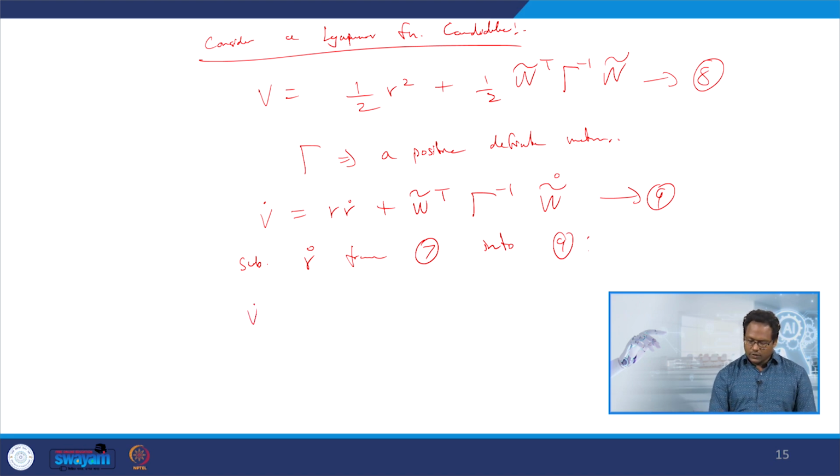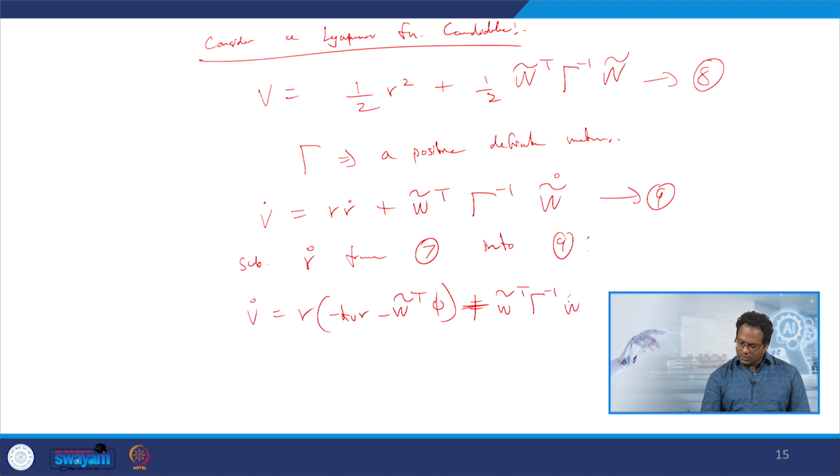We get V dot equal to r into, what is r dot from equation 7, it is minus kv r minus w tilde transpose phi, but the second term w tilde transpose gamma inverse w tilde dot, that is equation number 10 now. Okay. Since w is a constant, w tilde dot becomes minus w hat dot.